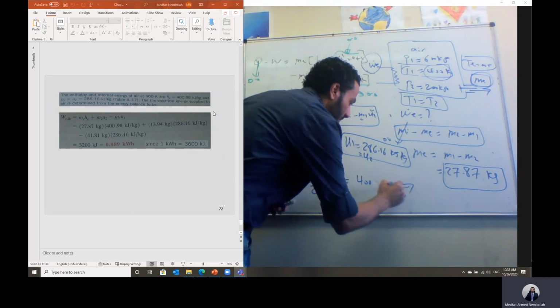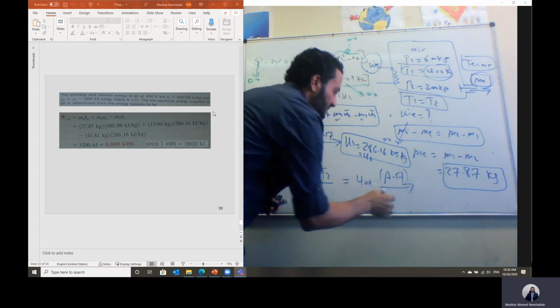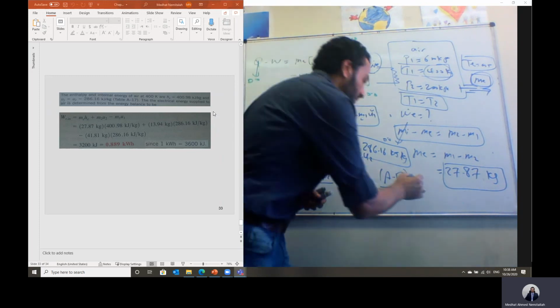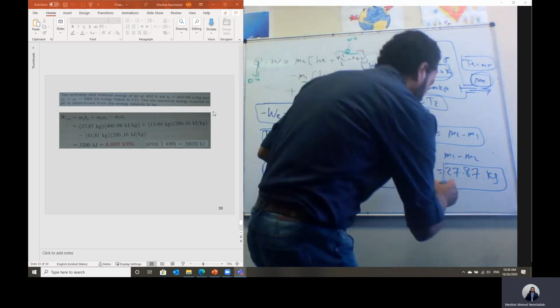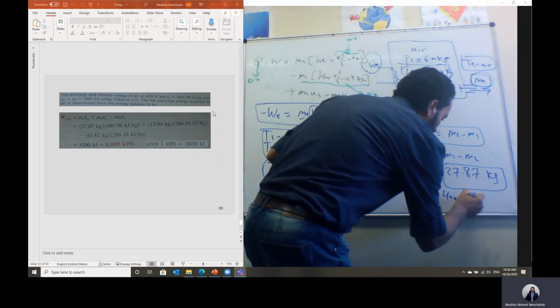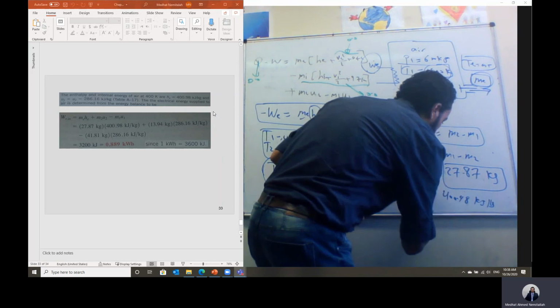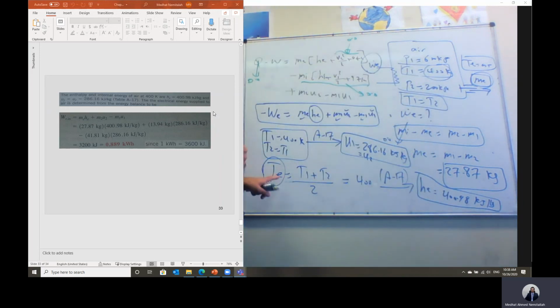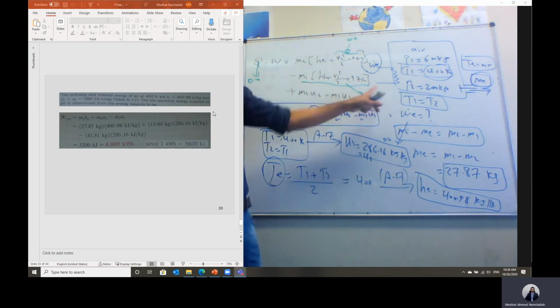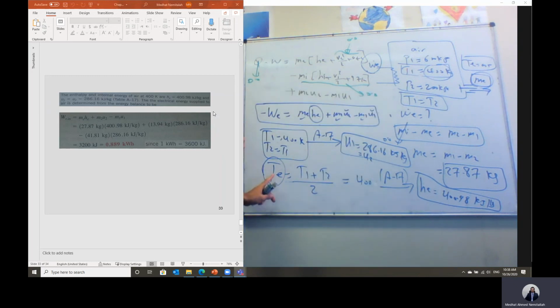Then we can go to table A-17 for air and calculate the enthalpy h_exit. Enthalpy h_exit will equal 400.98 kilojoule per kilogram. But this is a case where the working fluid is gas, so I calculate the average temperature at the outlet and go to the table to calculate the enthalpy.